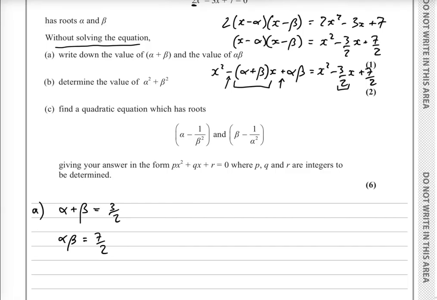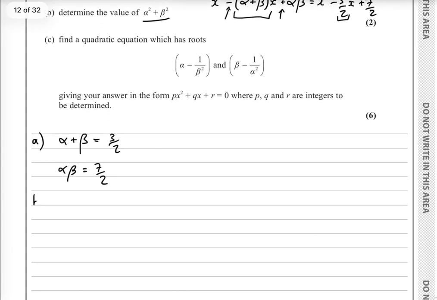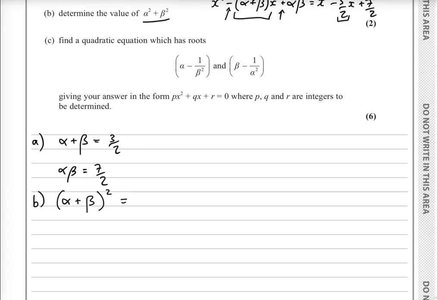Determine the value of alpha squared plus beta squared. Now we know these two, we can manipulate lots of things just with this information. So if I take alpha plus beta, which I know is 3 over 2 from part A, and square it, and then if I expand that on this side, alpha squared plus 2 lots of alpha beta plus beta squared.